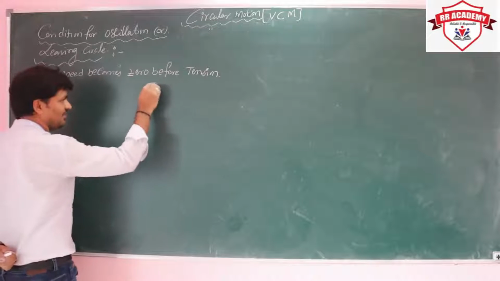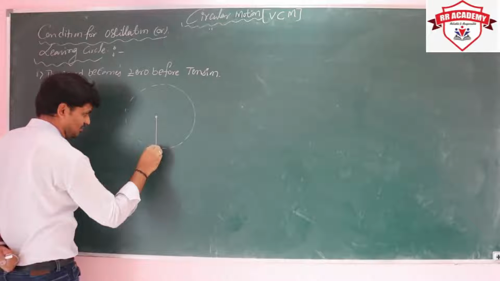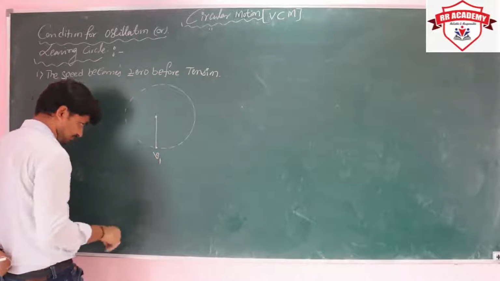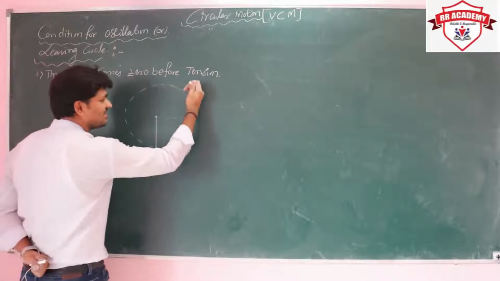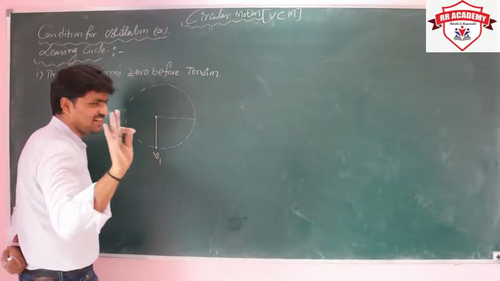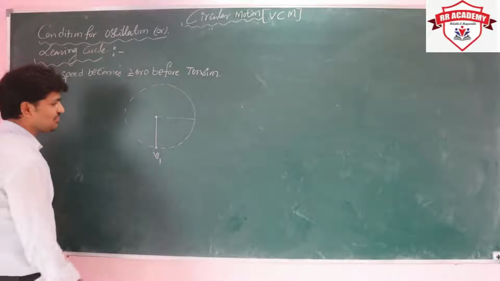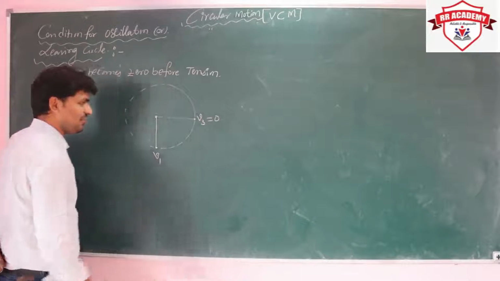See here, I am considering vertical circular motion, and the velocity at the lowest point is v1. Oscillation means the particle never rises more than the horizontal position. If it rises more than the horizontal position, that does not come under oscillatory motion. That's why here I am considering the velocity at this point to be 0.